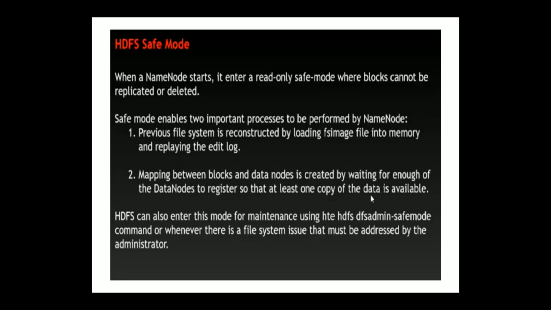Second, it checks the mapping between the blocks and data nodes, waiting for enough of the data nodes to register so that at least one copy of the data is available at that moment.